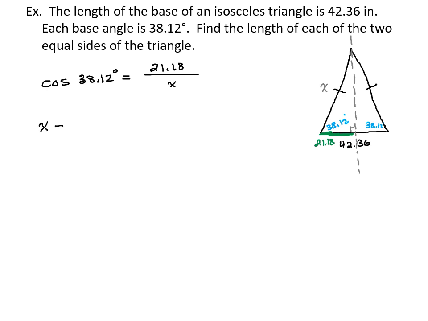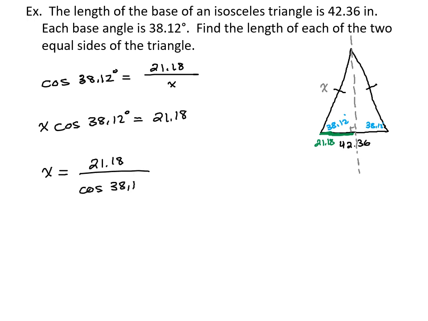So I would do x, move the x over to the left-hand side and say x times cosine 38.12 is 21.18, divide by the cosine, and so we'll get 21.18 divided by cosine 38.12.